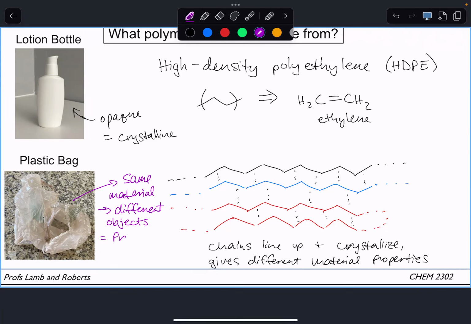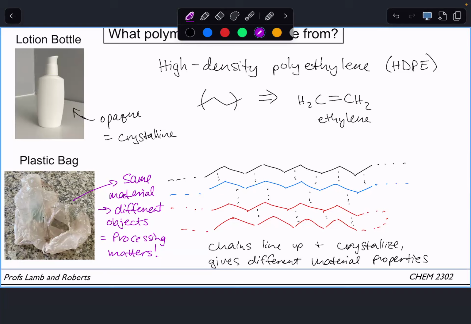So this is telling us that processing matters a lot. That's a little bit more of an engineering topic as opposed to a chemistry topic. But if you're doing polymer chemistry, they're kind of interconnected because you can't really get away from both of them. But I like to use this example just because it's so ubiquitous.